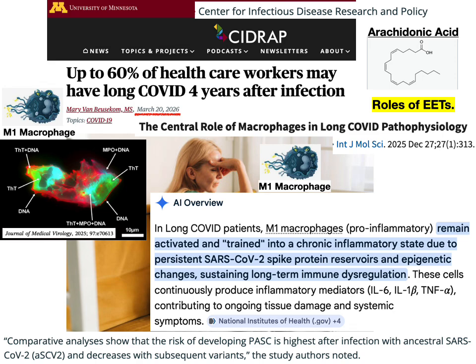These cells continuously produce inflammatory mediators, contributing to ongoing tissue damage and systemic symptoms. Sidebar comment: this AI overview fails to recognize additional COVID toxins like the envelope protein or COVID RNA, which are also contributing to inflammatory states. Also, the role of microclots in persistently activating macrophages.